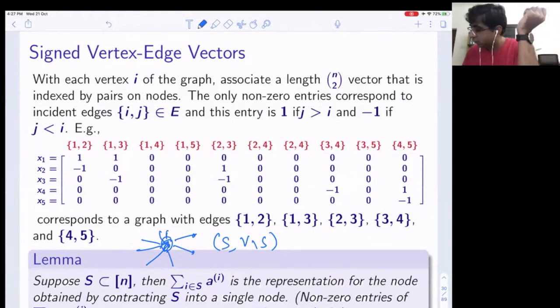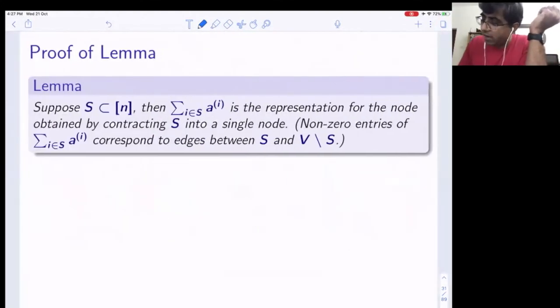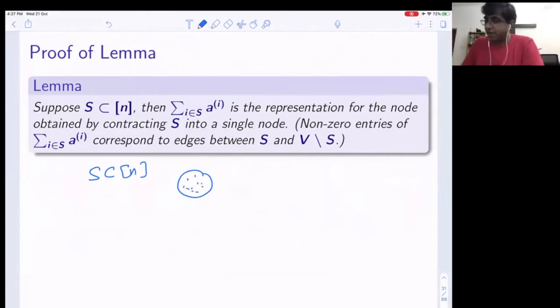You're right. So when given S a subset of 1 to n, let's look at the set of nodes here and I identify them, and I only care about the edges which are incident to them. I identify them whether they are adjacent or not adjacent.